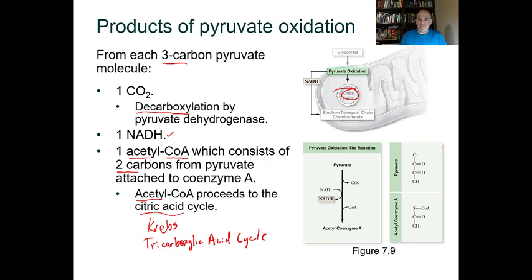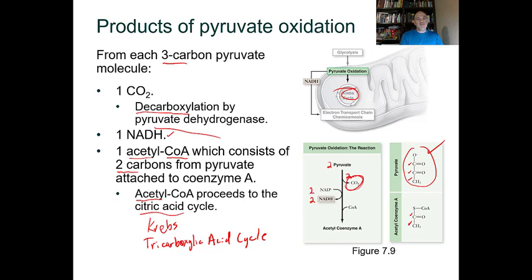So let's take a look at the diagram here. This is what pyruvate looks like. We saw this earlier, and the pyruvate is going to ultimately form the 2-carbon acetaldehyde. So we see 1, 2, 3 carbons, and you end up with only 2 carbons here because one of the carbons gets taken off with the help of that enzyme pyruvate dehydrogenase. So we lose a carbon, and this is where our first carbon dioxide is produced. Now remember though, it's not 1 pyruvate, it's 2 for every glucose molecule, so that means 2 carbon dioxides, and we're going to end up getting 2 NADHs.